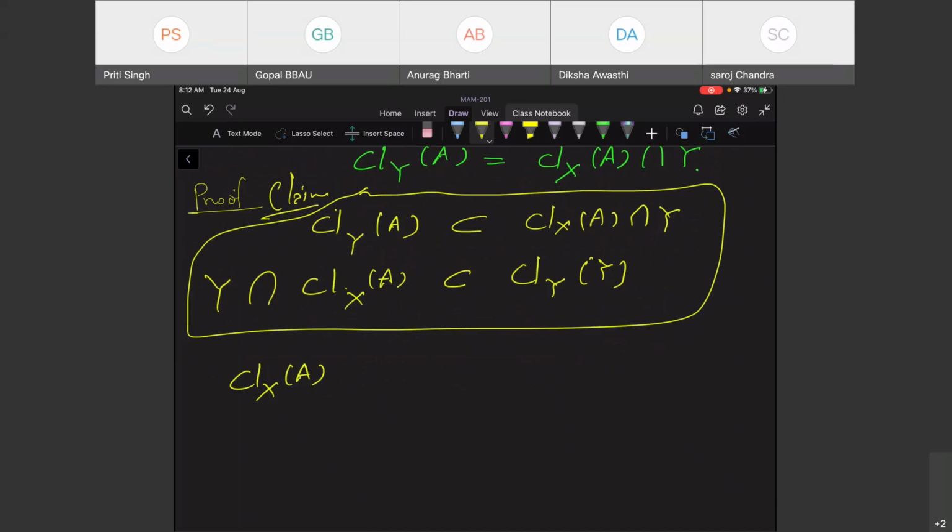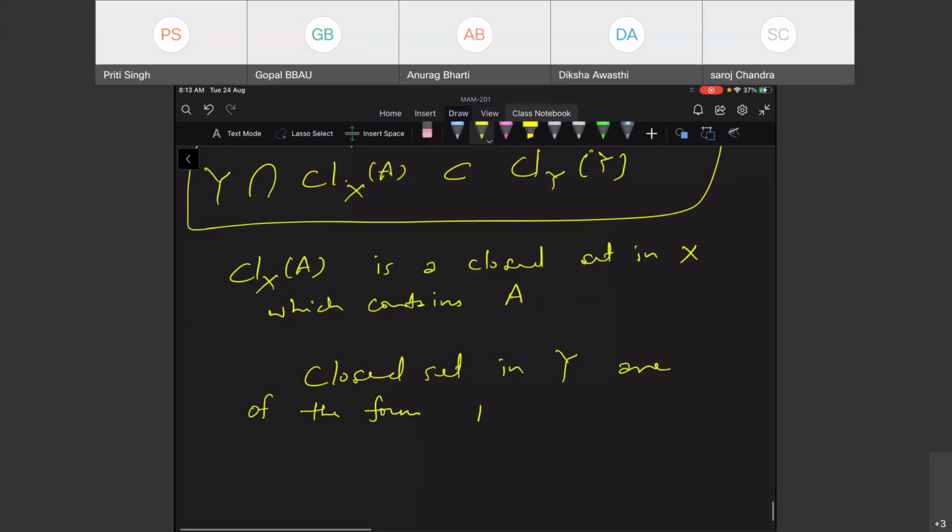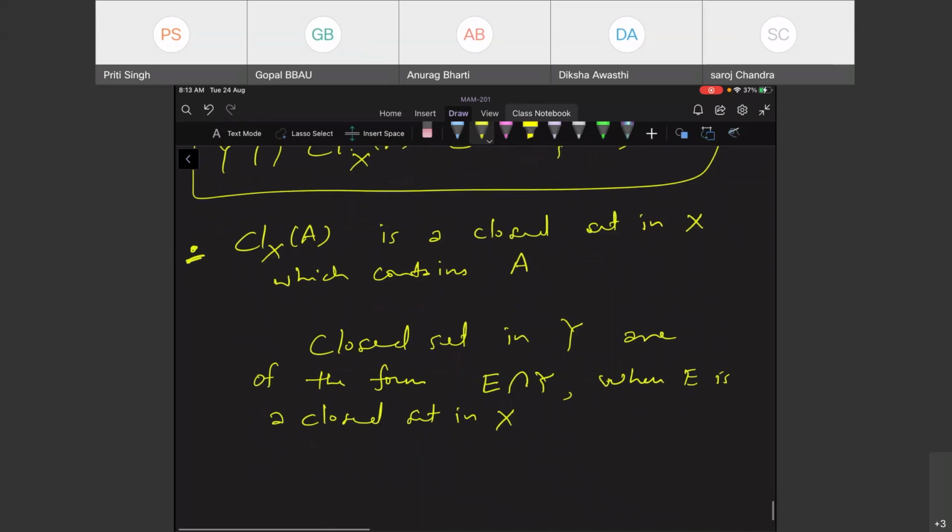This is a closed set in X which contains A. You all know that closed sets in Y are of the form E intersection Y, where E is a closed set in X.